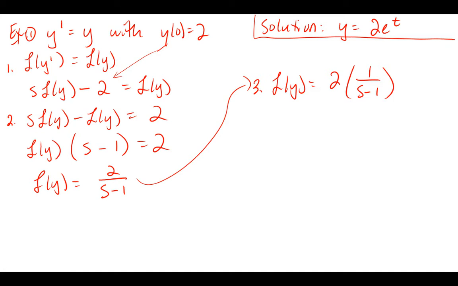Oh, well, now this is starting to look pretty good, because now I think in order to go backwards, first of all, I already did a little preview here. I know that the inverse transform of that, according to rule number 2, you don't have to put the rule numbers, but I'm just doing it here for your benefit, that from the chart rule number 2 says the inverse of 1 over s minus 1 is e to the t.